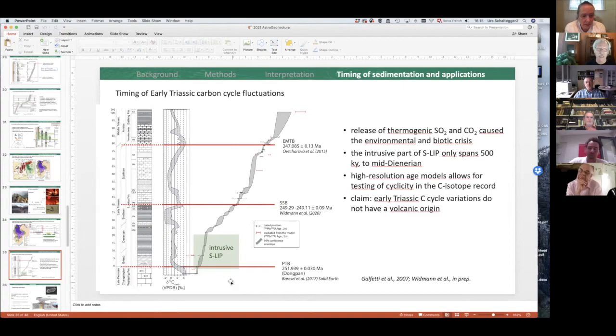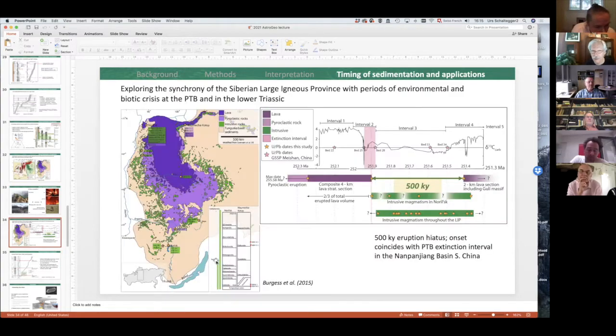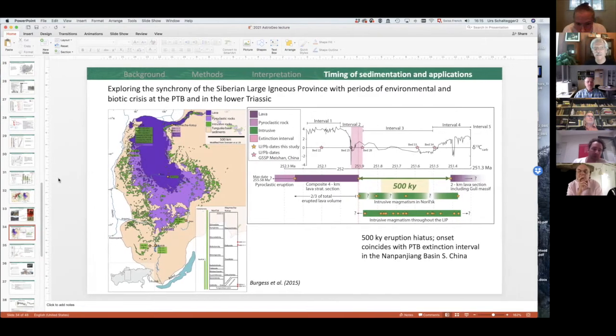But going back to the possibility of causation, which you had in that previous diagram, in which you show the pyroclastics and the lava flows, it looks to me like the only possible causal mechanism there is the composite 4-kilometer lava stratigraphic section, two thirds of erupted total volume. That occurs at the right time for causation.